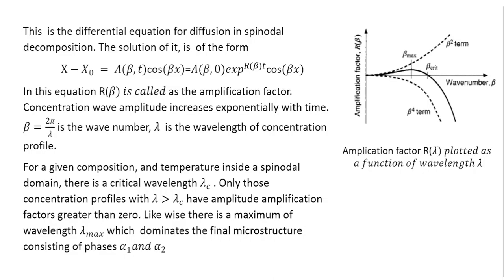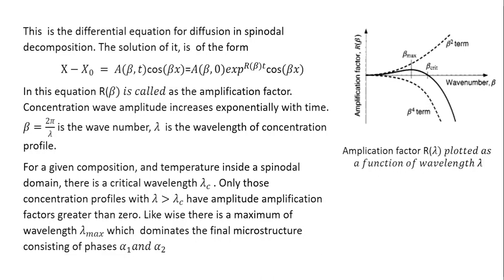So the amplification factor R(β) is plotted as a function of wavelength λ. You have two terms here. One is a positive term which has a β squared dependence, and then you have a fourth-order term which is negative.